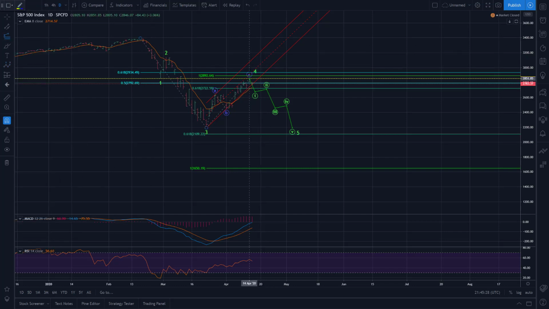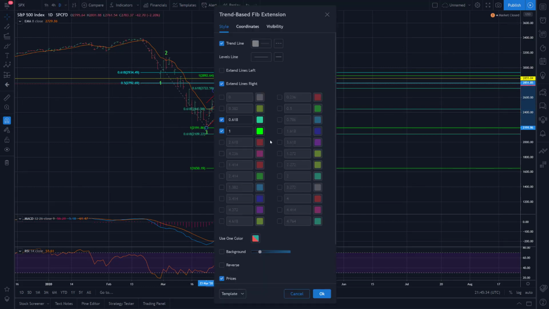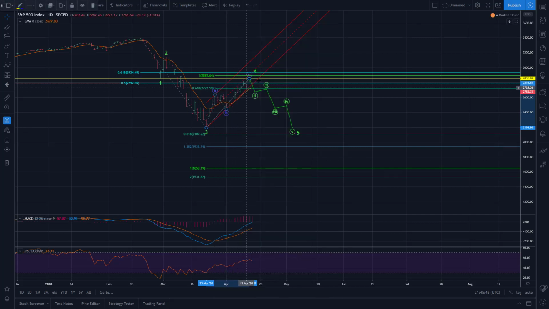But we also have the reverse fib, the 1.382 and the 2 relationship. So those reverse fibs of this ABC up will get us to 1939 and also 1531.